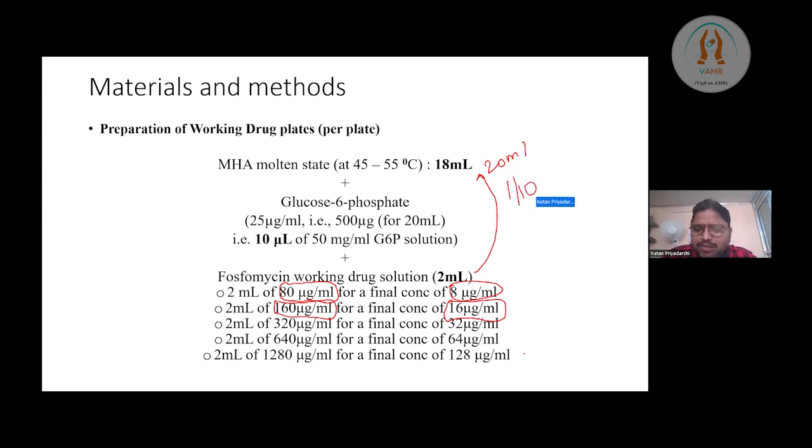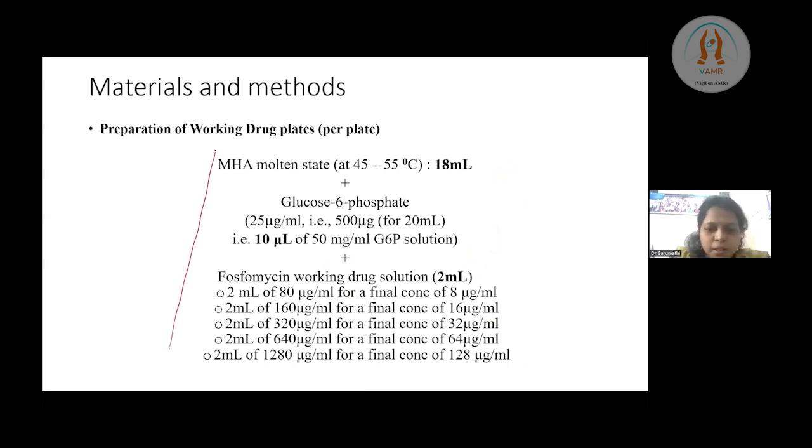So all the drugs to be tested, the working solution needs to be always prepared at 10 times the final concentration. This comes from 2 ml becoming 20 ml. That's why we prepare 10 times the final concentration to be tested as a working solution. This is the working drug solution. Subsequently, we'll explain how preparation of plates can be done. Okay, sir.